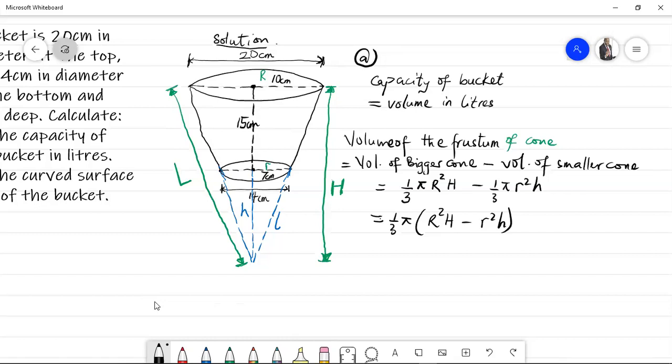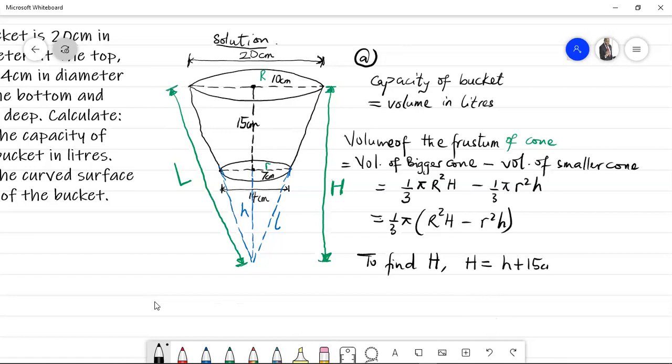So to find big H, what do we do? You realize from the diagram that big H is equal to small h plus 15 centimeters.